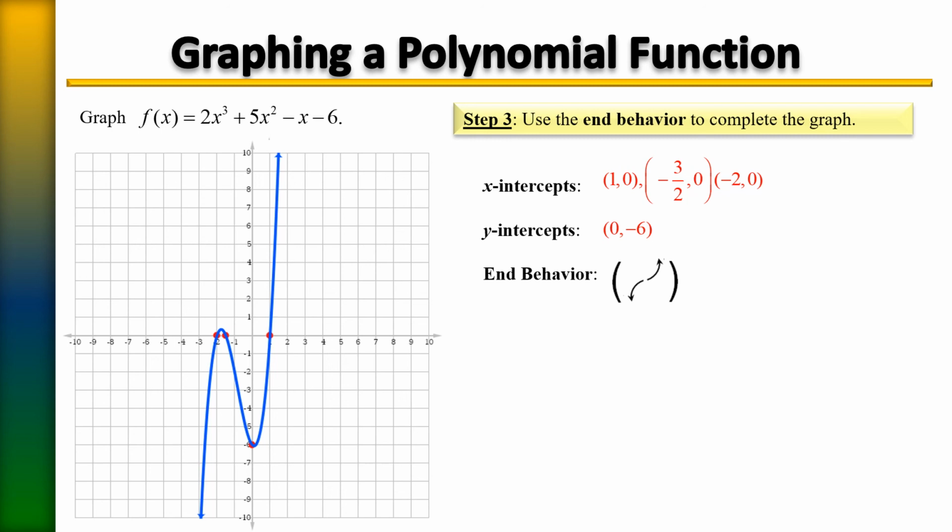Now, you can also plug in points for x and see what you get out for y, create a table of values, and you can certainly plug in more points other than 0 and get your ordered pairs, and when you can see the graph enough to sketch it, you would go ahead and sketch it. But just knowing the end behavior and having a few points, we can get an idea of what the graph will look like.